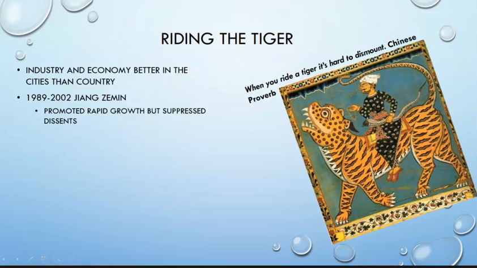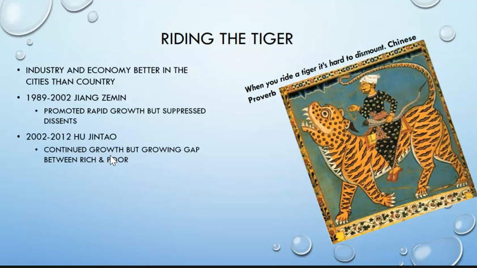Some people call this period by this proverb from China: when you ride a tiger, it's hard to dismount. And so the idea here is that the Chinese have started riding the tiger, and the tiger is progress and change and economic development, which of course they're becoming a major world leader. But of course, it's hard then to control the outcome of these things.